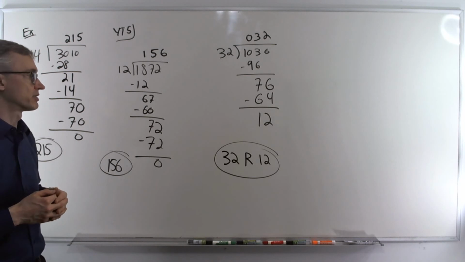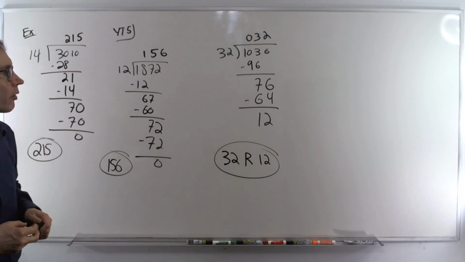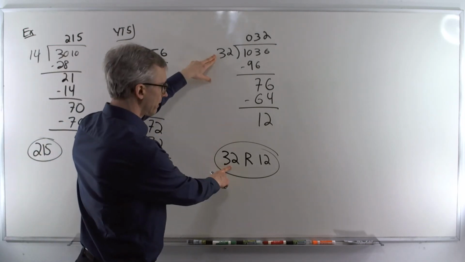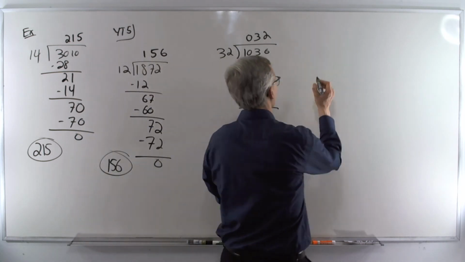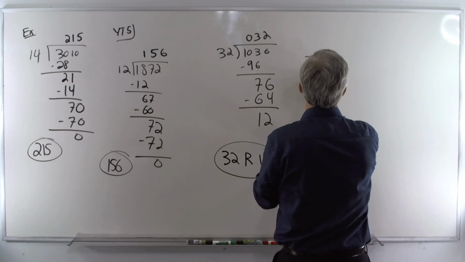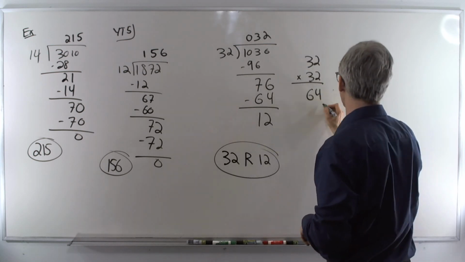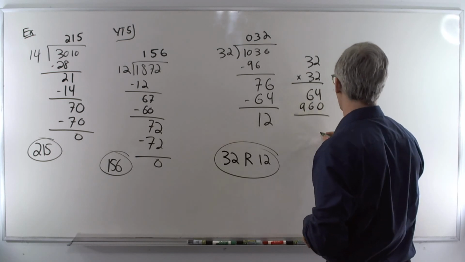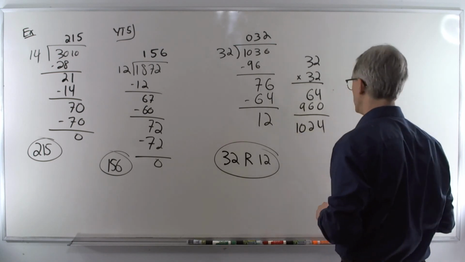All right, that begs the question, how in the world do we check something with a remainder? Well, what we're going to do is we are going to take our divisor, multiply by the answer without the remainder first. So we're going to do 32 times 32. All right, so that gives us 64 on the first line, 0 there, 96, add them together, and we get 1024.